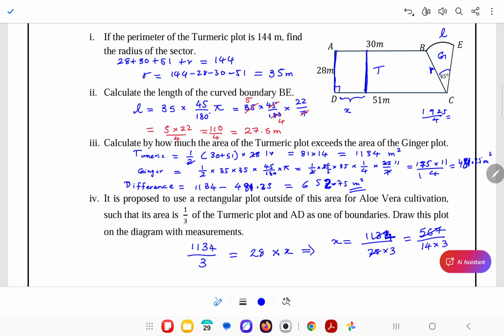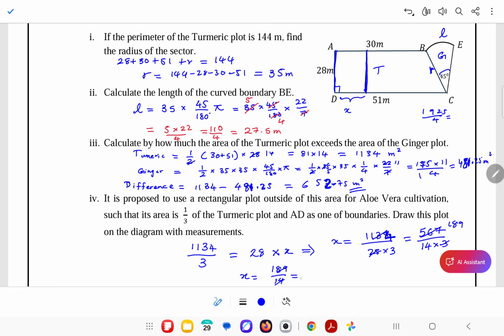So you can divide by 3, so 189 over 14. Now you can divide by 7, no?